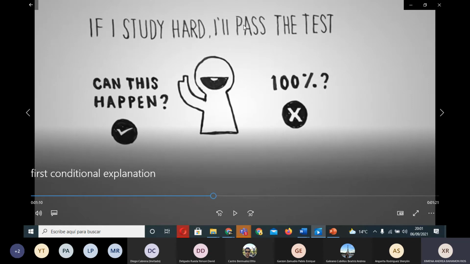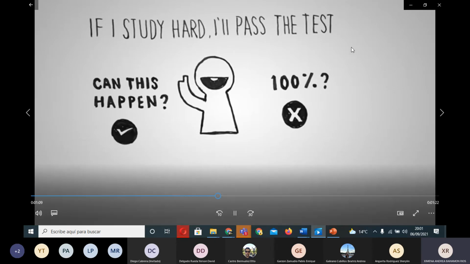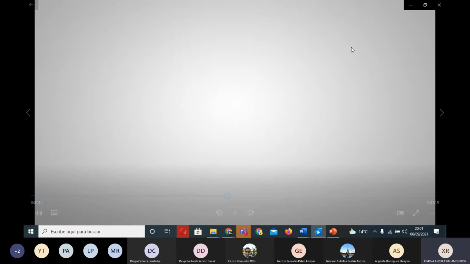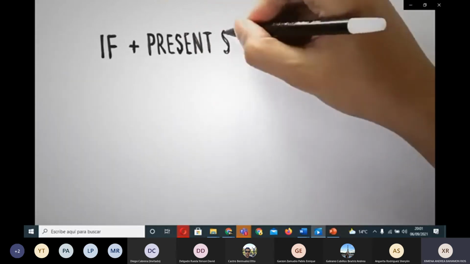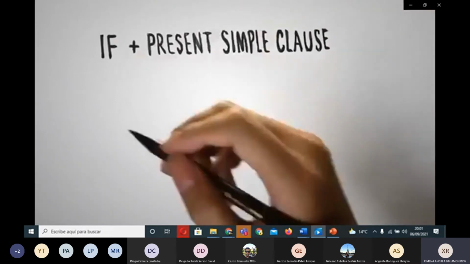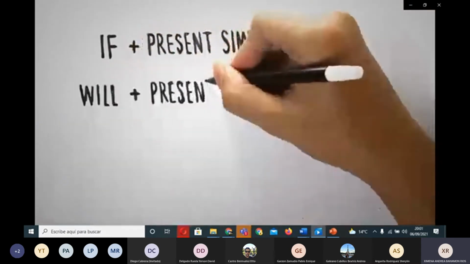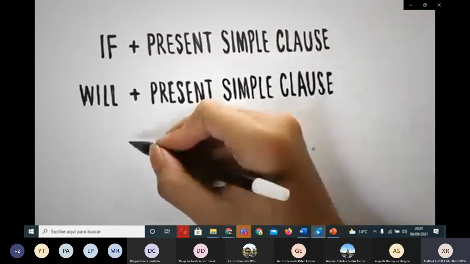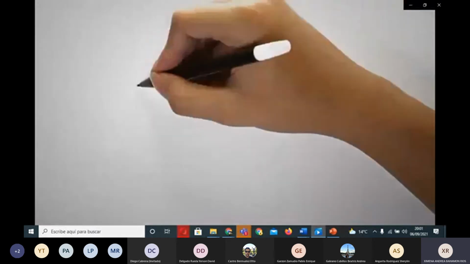You can say, "I'll pass the test if I study hard." Likely thing that can happen, and that is a first conditional sentence. It has the structure of if plus present tense clause, will plus present tense clause.